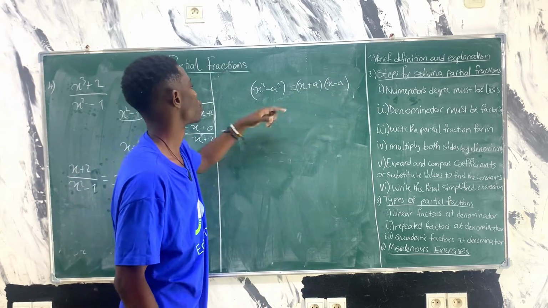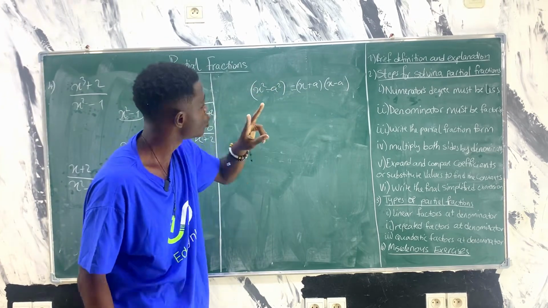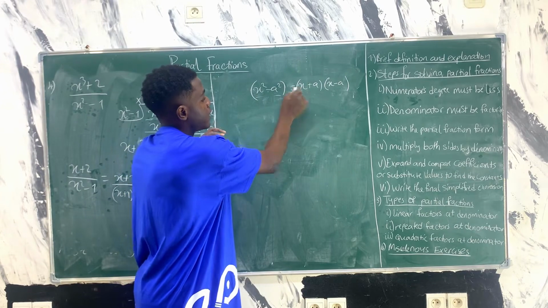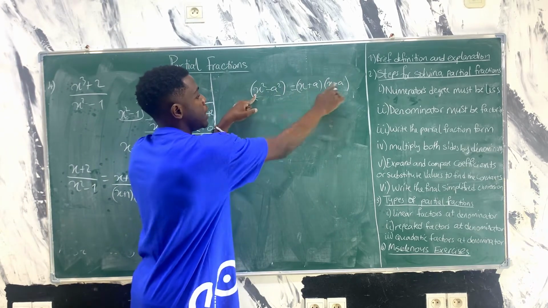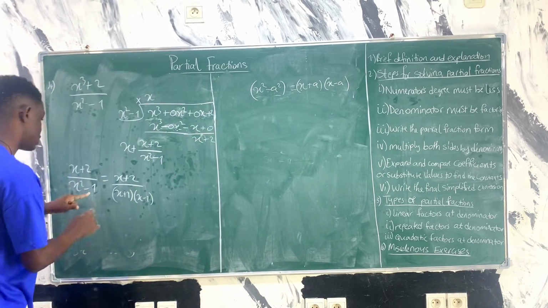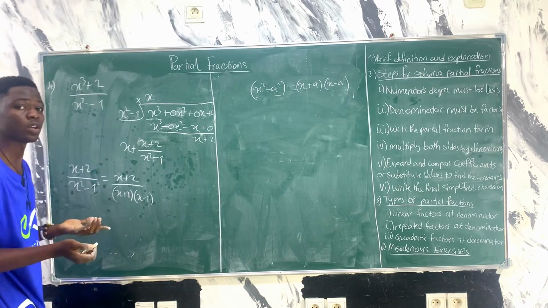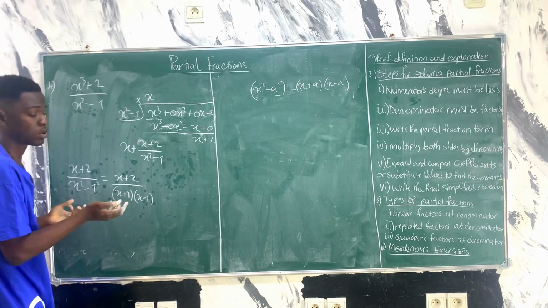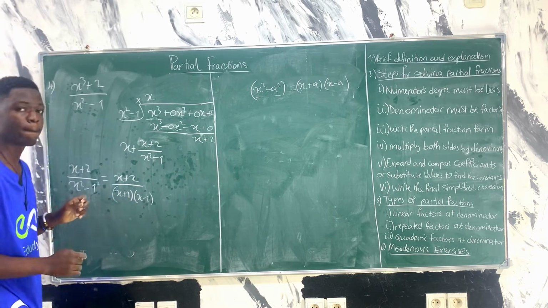This is the law of difference of two squares. Difference of two squares means it's a square minus a square. You have x and x again minus a squared, where a is the square root of the second value. In this case, the square root of one square is 1. So you have x plus 1 and x minus 1.